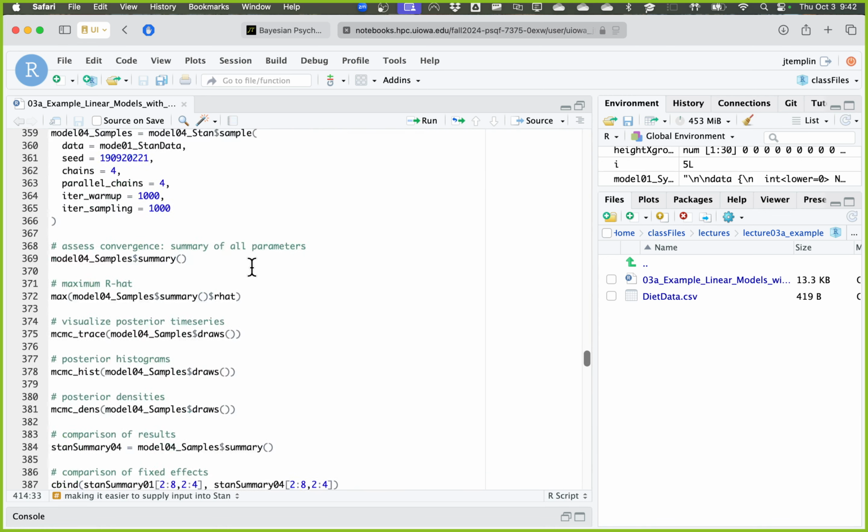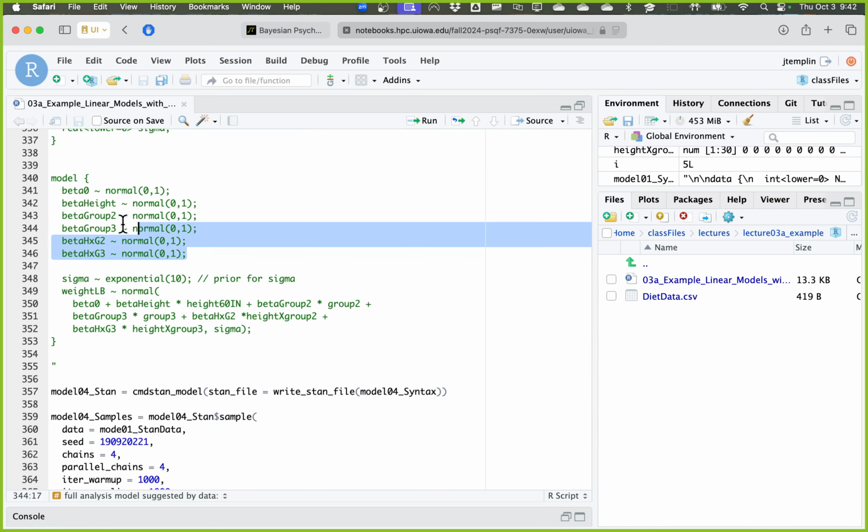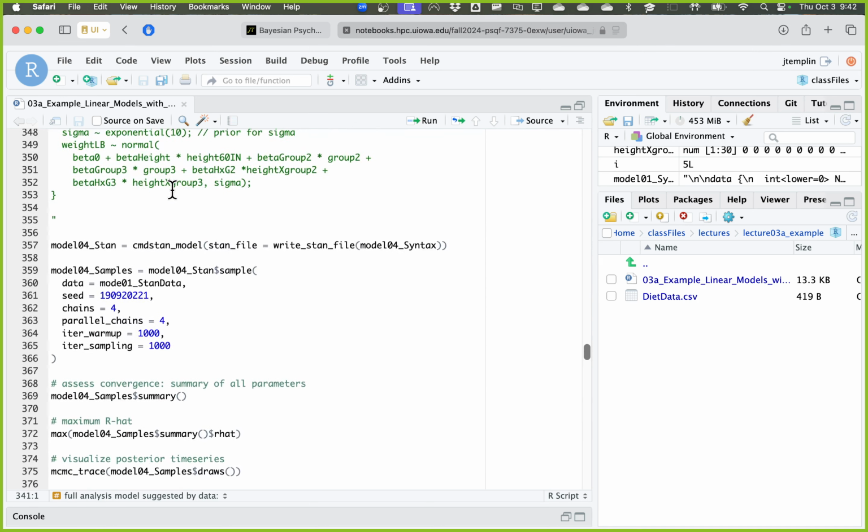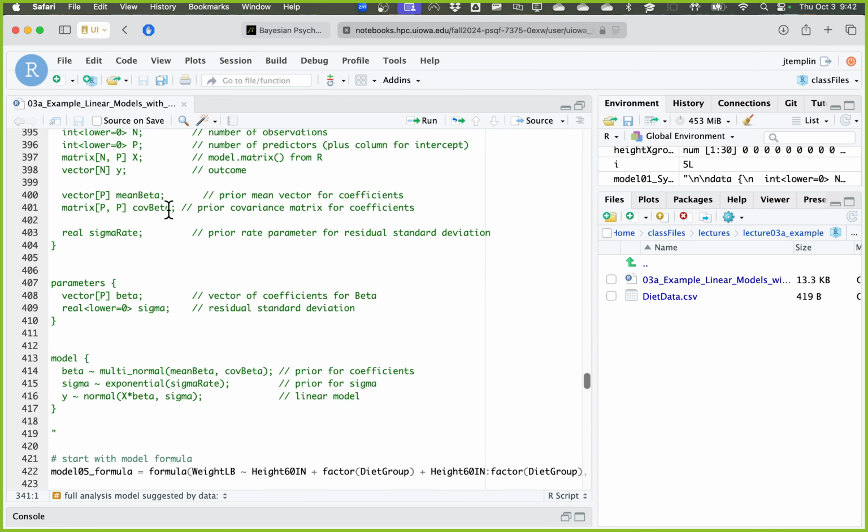So the prior that we put on each of the betas previously with a series of normal distributions also assumed that each of these betas were independent. They weren't correlated in a prior distribution. So when I build a multivariate normal distribution, if this covariance matrix just has numbers along its diagonal and then zeros in the off diagonal, this set of priors for beta will be the same as what we had coded previously.